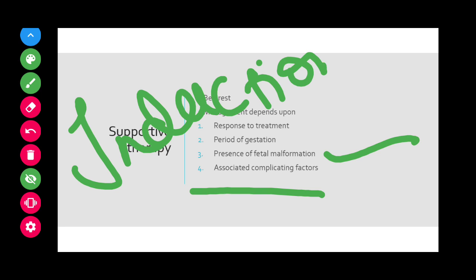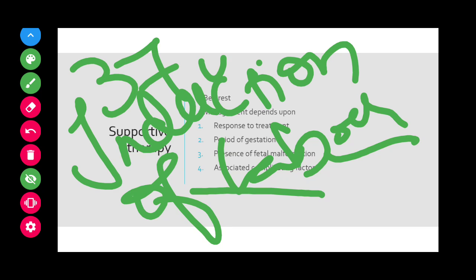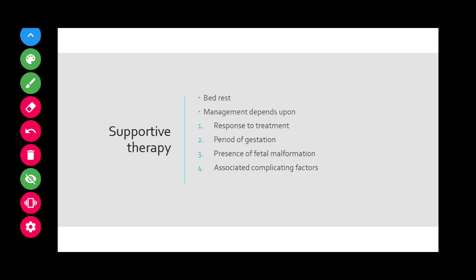Remember, before the 37th week, termination of pregnancy; above the 37th, induction of labor.